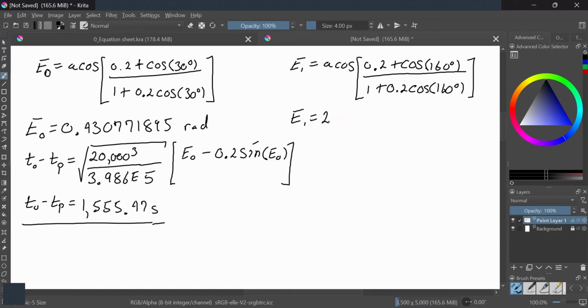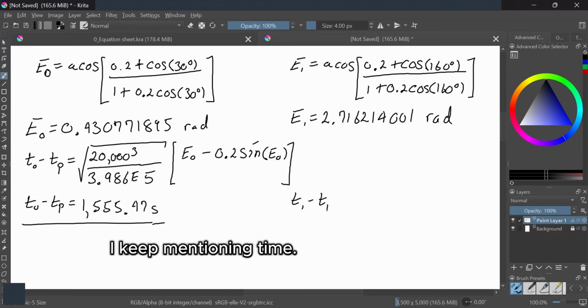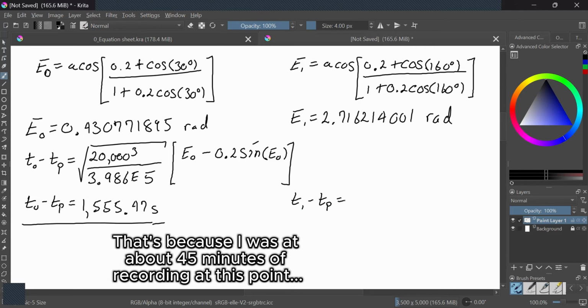So that angle is going to be 0.2716214001 radians. And again, effectively following this equation over here, except you're using E1, save me a little bit of time.